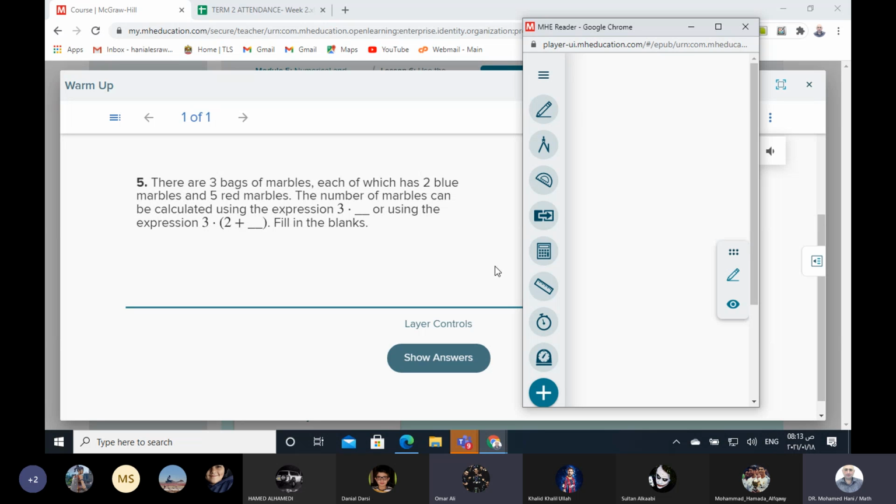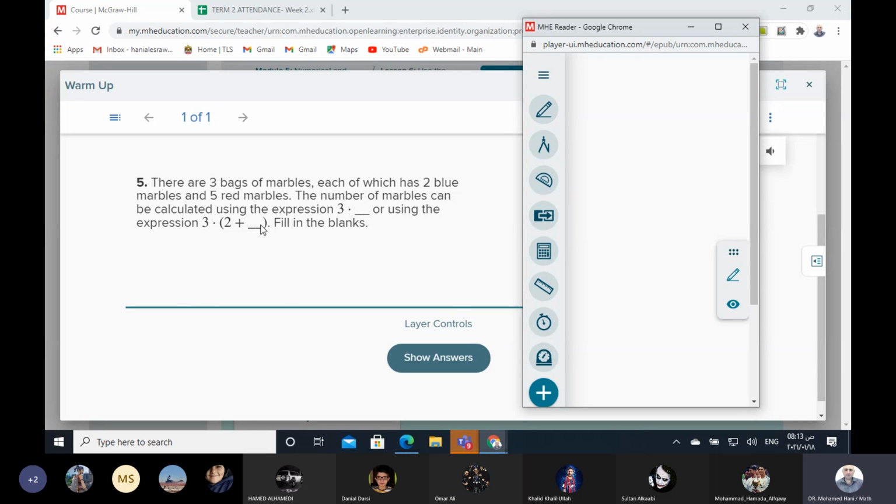The number of marbles can be calculated using the expression 3 times blank, or using the expression 3 times 2 plus blank. Fill in the blank.